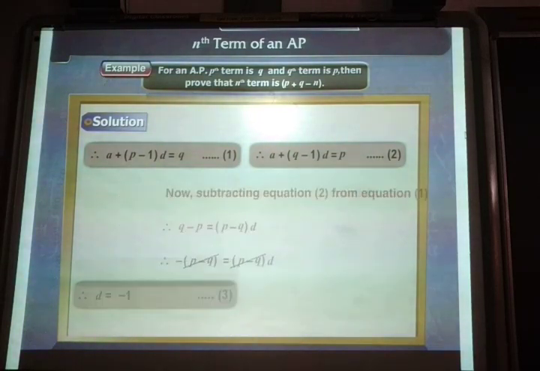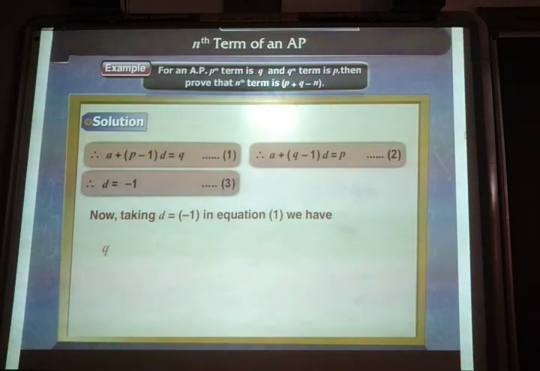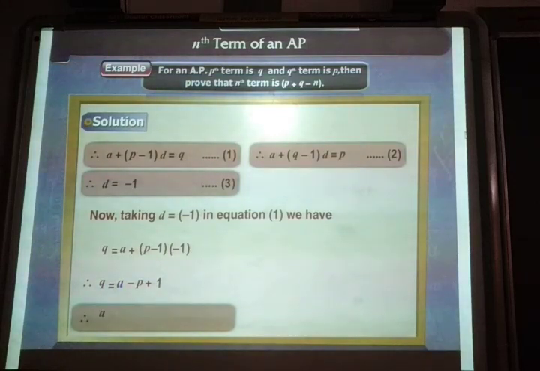Equation 3. Now, taking D equal to minus 1 in equation 1, we have Q equal to A plus P minus 1 into minus 1. Therefore, Q is equal to A minus P plus 1. Therefore, A is equal to P plus Q minus 1.